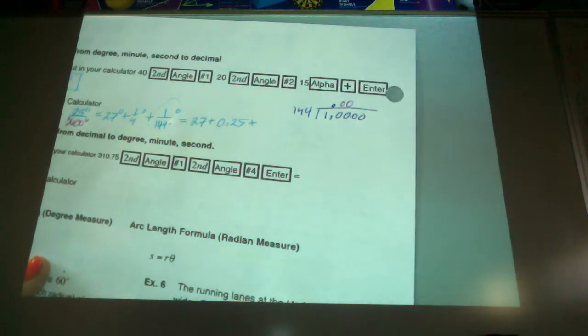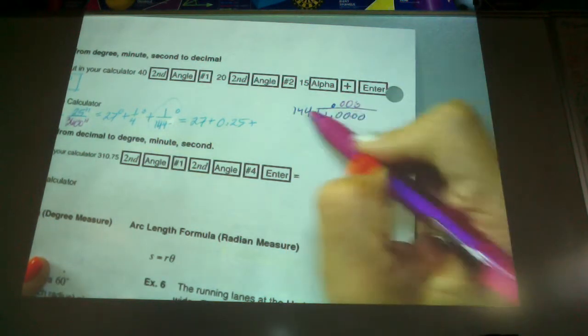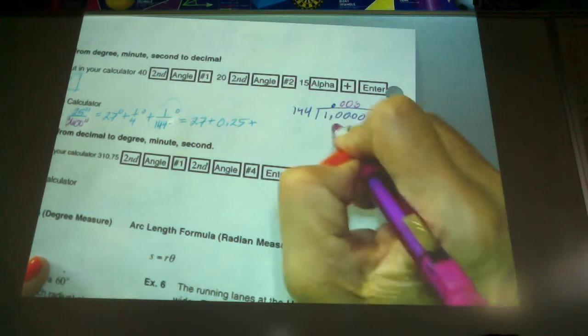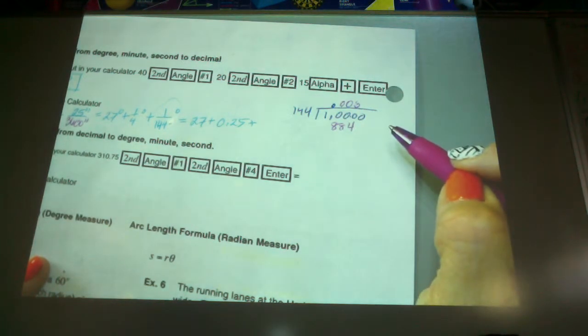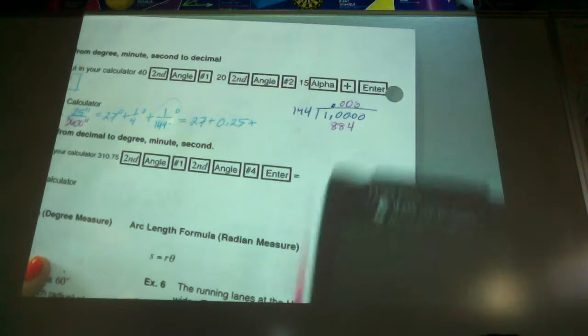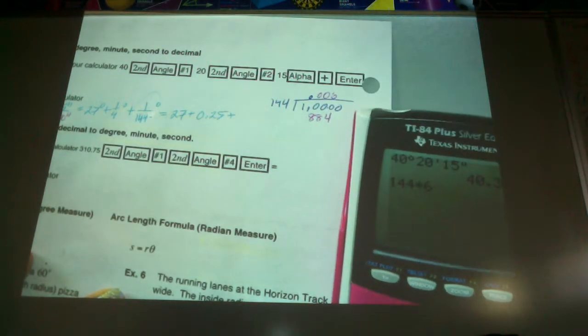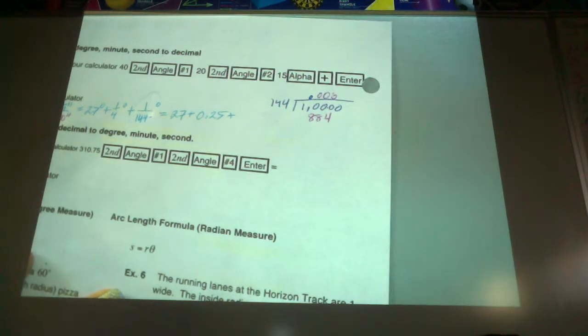How many times do you think? 8? 8's too much. 7's too much. It does go in 6 times. And if I multiply 6 times 144, I get 884. Didn't believe me. 864. Oh, that's because I can't read. 864.